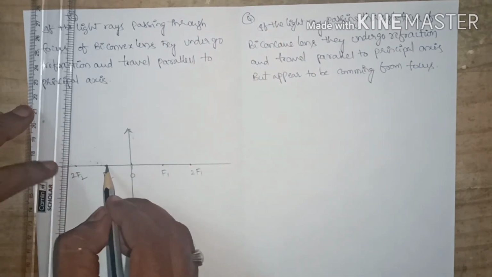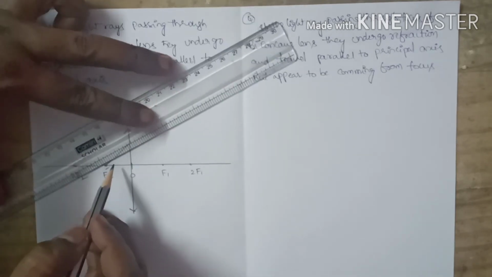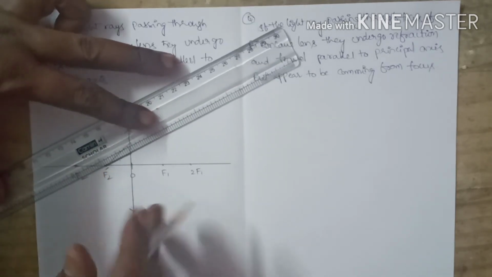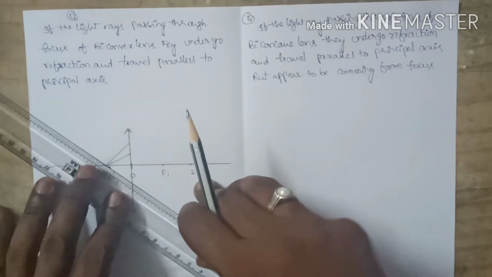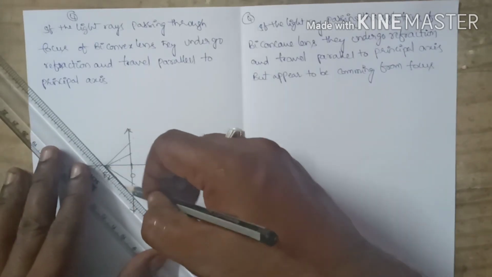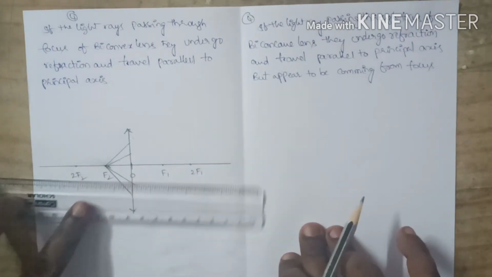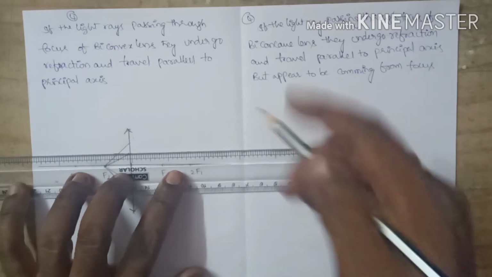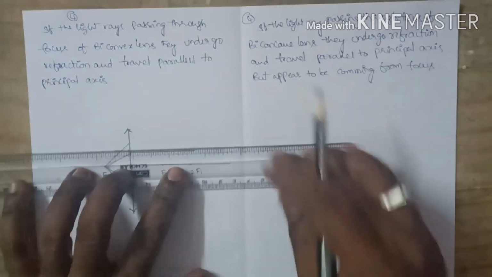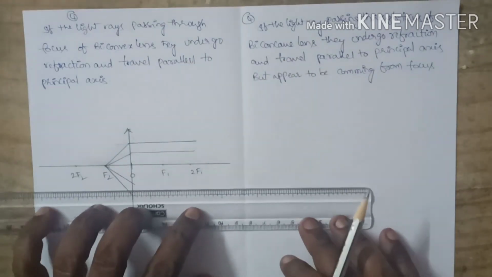The light rays are coming from the focus. We can draw any number of light rays coming from the focus. If the light rays are coming from the focus and fall on the lens, they undergo the process of refraction. After the refraction, they travel parallel to the principal axis.